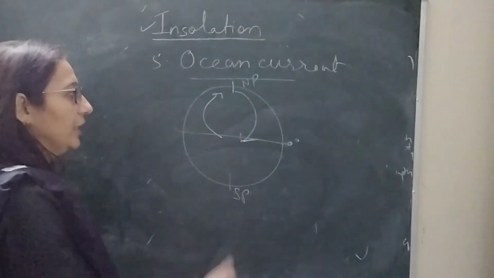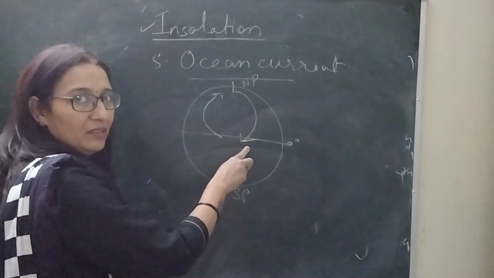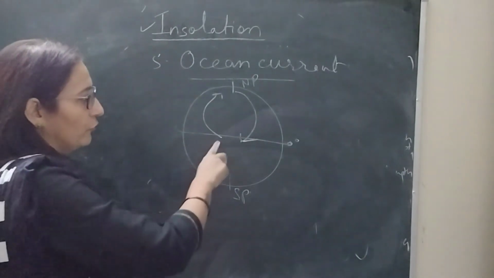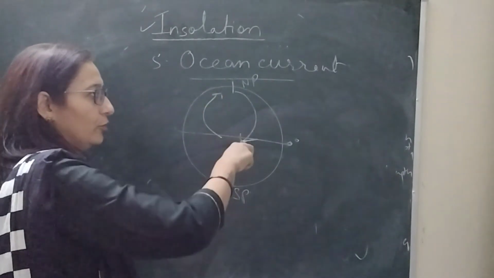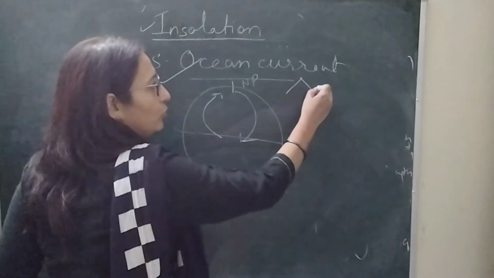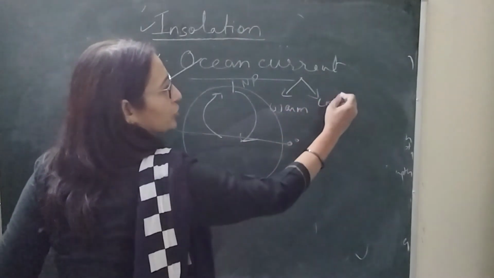Again I am repeating, due to the rotation of the earth, the water moves from equator to pole and pole to equator, and that is called an ocean current. Ocean currents are of two types: warm ocean current and cool ocean current.